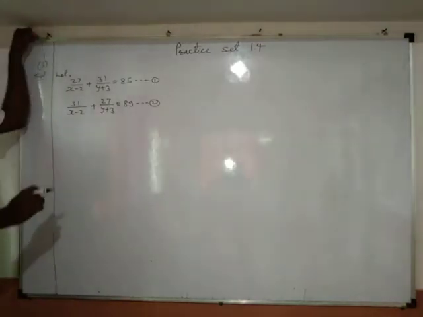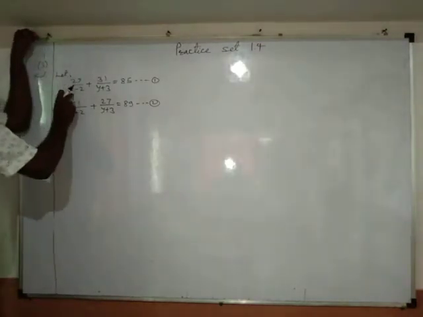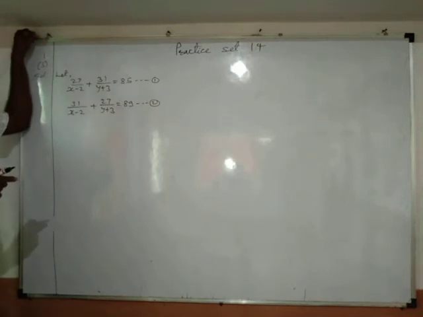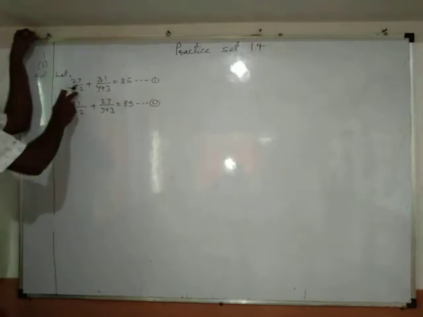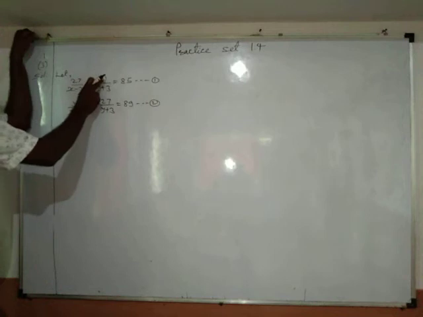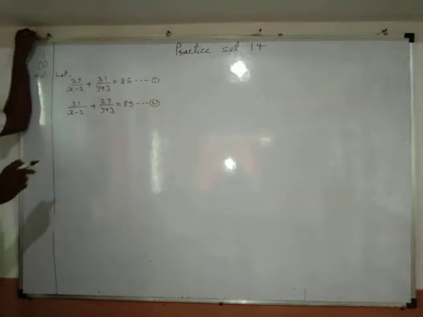Now here you may note, 27 upon x minus 2 we may write as 27 into 1 upon x minus 2. Similarly, 31 upon y plus 3 is 31 into 1 upon y plus 3.